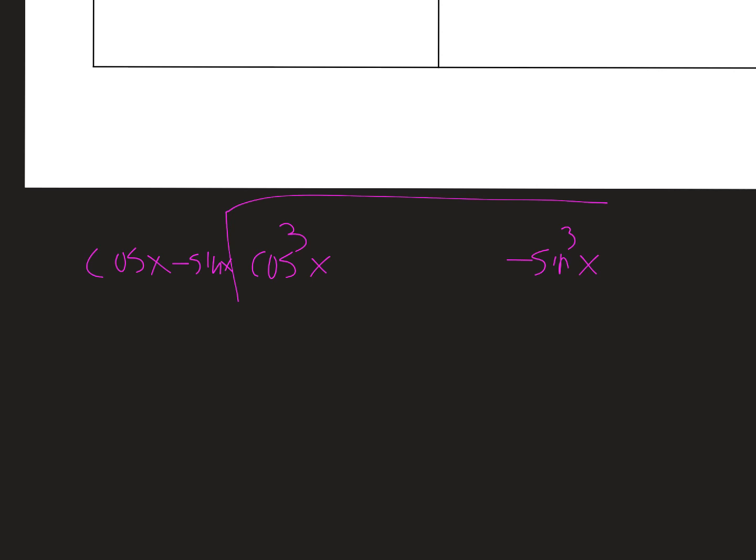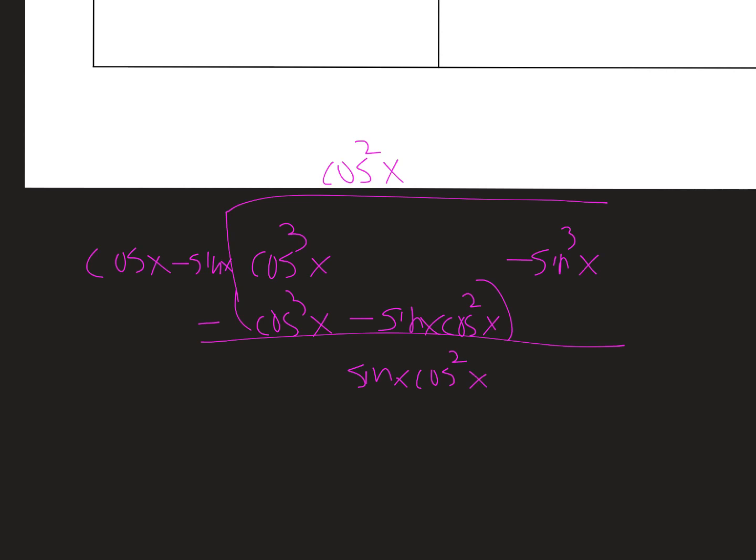So if I put a cosine squared, that's going to be cosine cubed, minus sine times cosine squared. Subtract down, that's sine times cosine squared minus sine cubed.